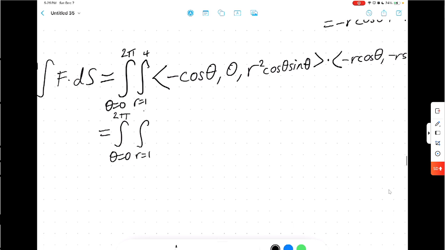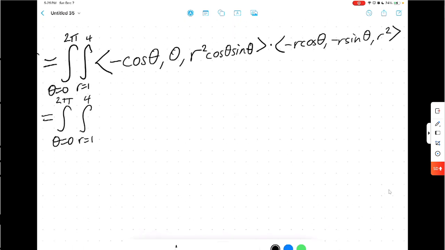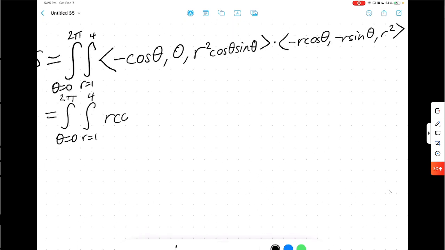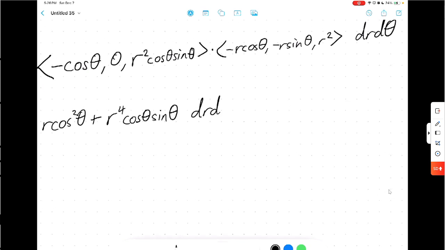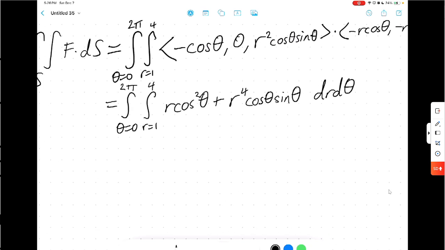R is equal to 1 to 4. This is going to be r cosine squared theta, the y is gone, plus r to the 4th cosine theta sine theta, dr d theta. Now we just calculate this and we'll be done.